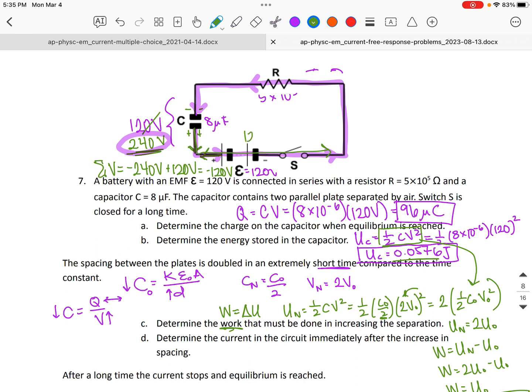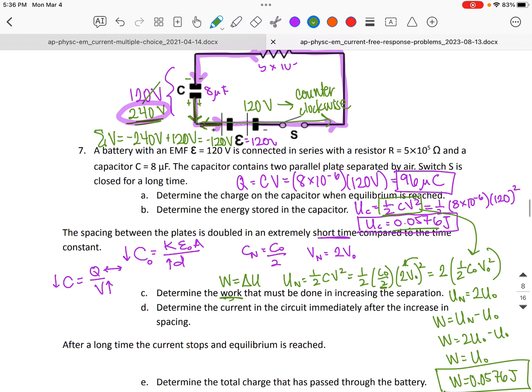Counterclockwise. 120 volts in this direction, which is counterclockwise. Okay, so now we know that the current is going counterclockwise. In total, after it's being counteracted by the 120 volt battery, we've got 120 volts going counterclockwise.